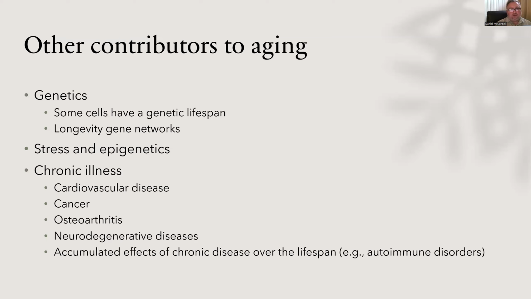Some of this can, of course, like I described previously, be a function of environmental exposure and dietary issues and overall health issues and so forth. But sometimes it may simply be genetics. And this is not completely understood. One thing I have listed here are these things called longevity gene networks.